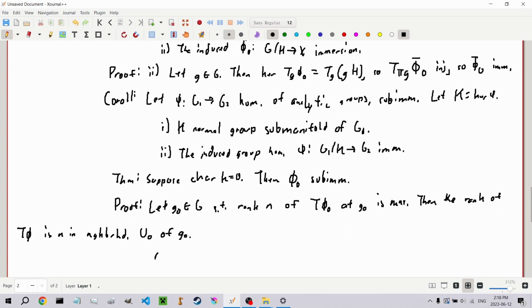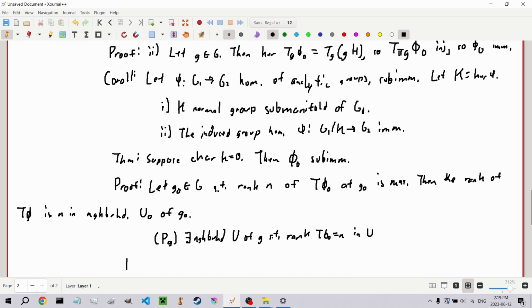We're now going to define a property of a point p in G, stating that there exists a neighborhood U of g such that the rank of T phi naught equals n in U. We notice that P of g is a local property and is true for g being g naught.